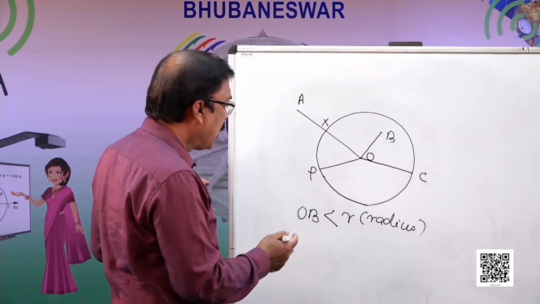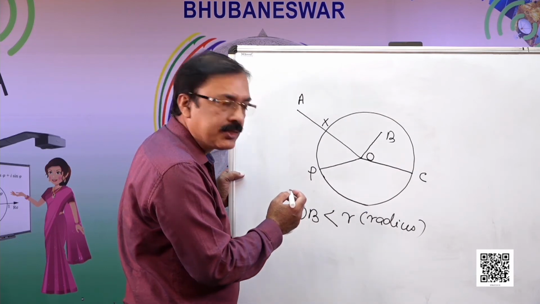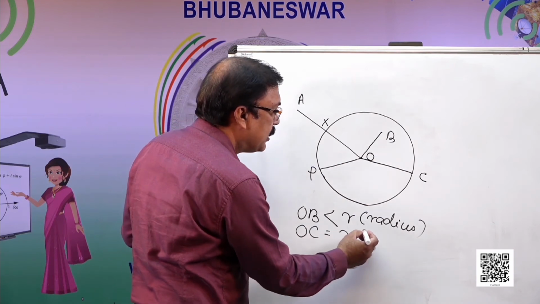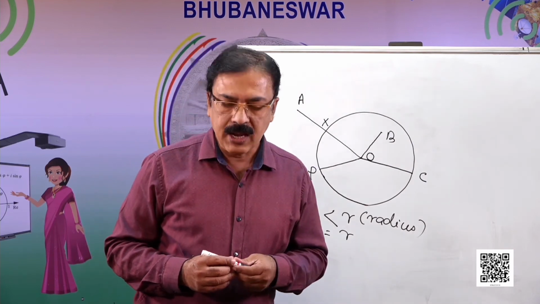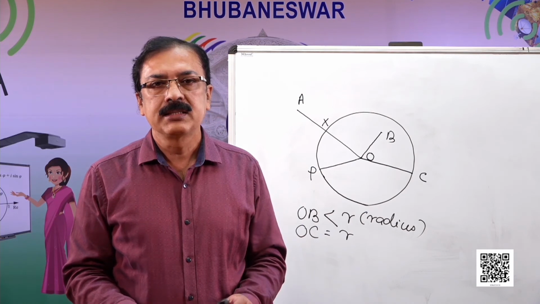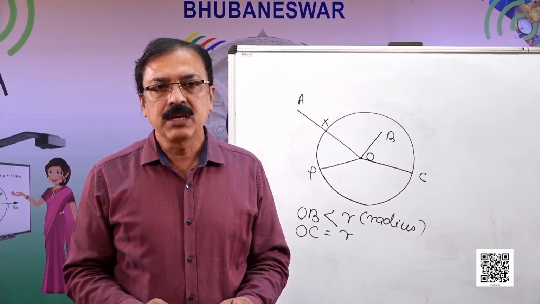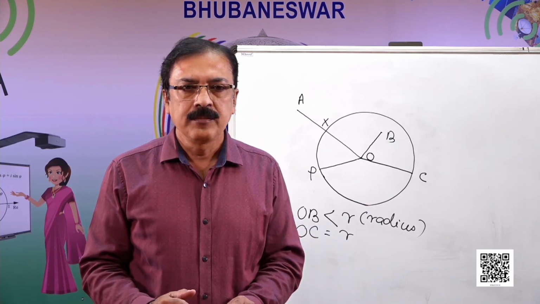So whenever the distance of a point from the center is equal to the radius, then it is always on the circle. So we can mathematically show that the point is in the interior of the circle, in the exterior of the circle, or on the circle.